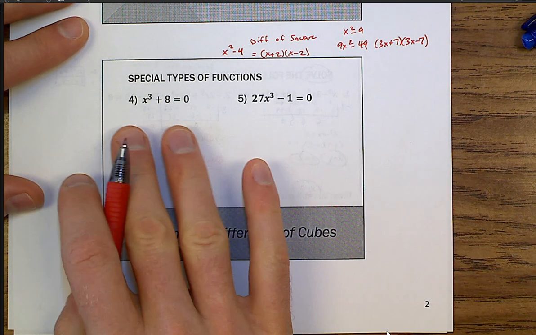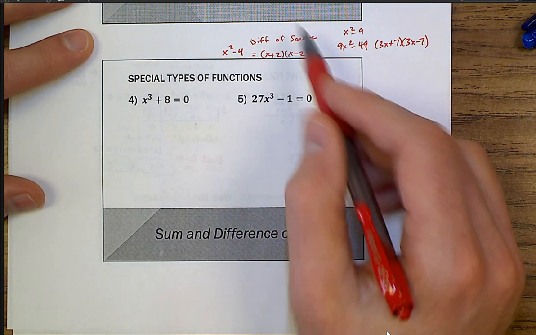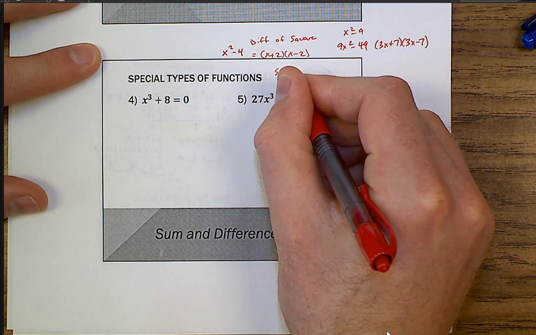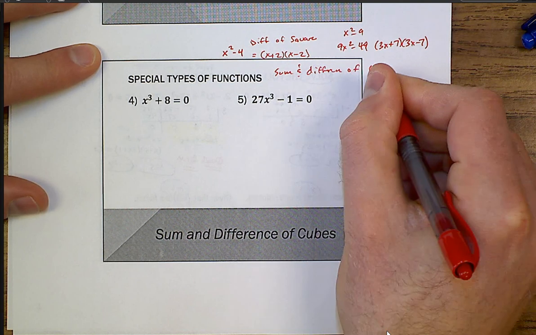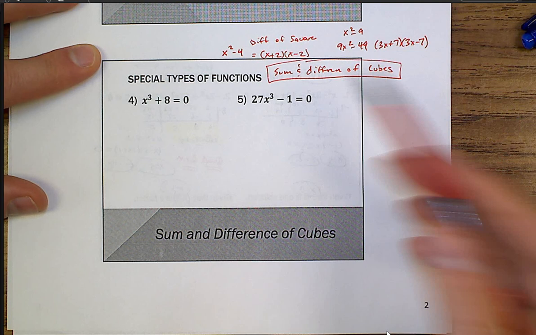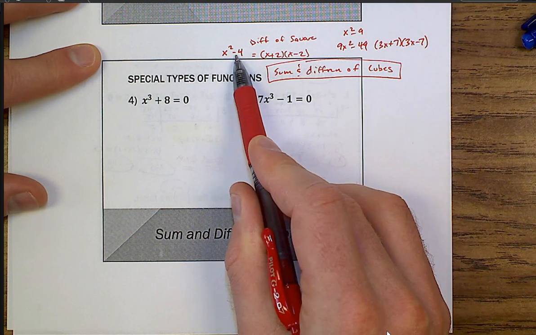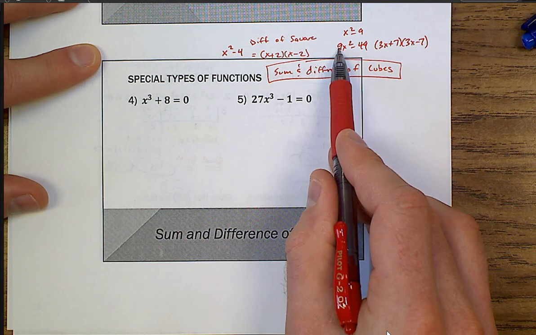These two examples are also similar in regards to there is a pattern. These are called sum and difference of cubes. Okay? Sum and difference of cubes, which is short for sum and difference of perfect cubes. Just like a perfect square here, 2 times 2 is 4, x times x is x squared. 3 times 3 is 9, 7 times 7, 49.